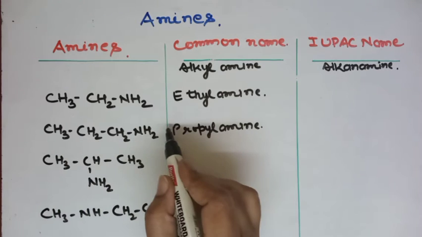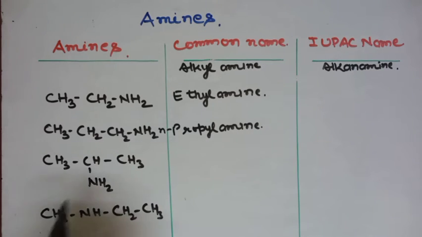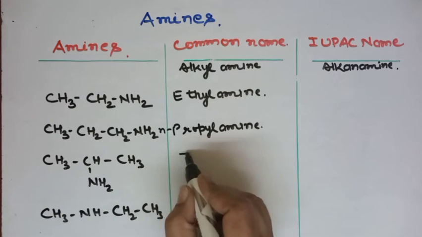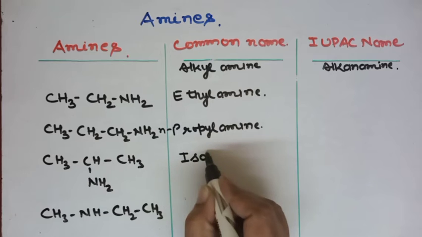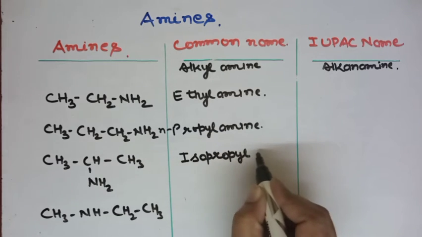For the straight chain, we can use the term n-propylamine. n indicates that we have the straight chain in it. So this one is again propyl, but the NH2 group is connected in between at the center. So this alkyl group is called the isopropyl group. So we call it isopropylamine.